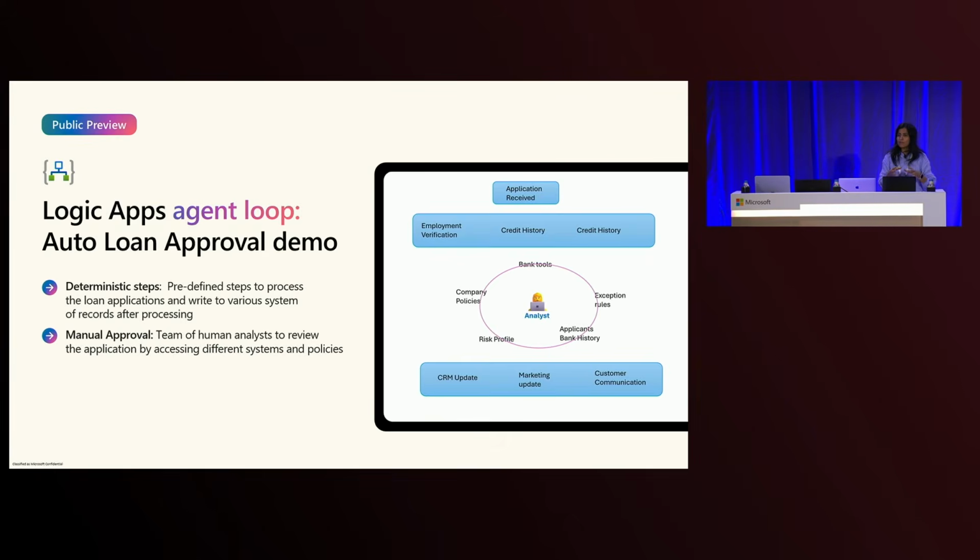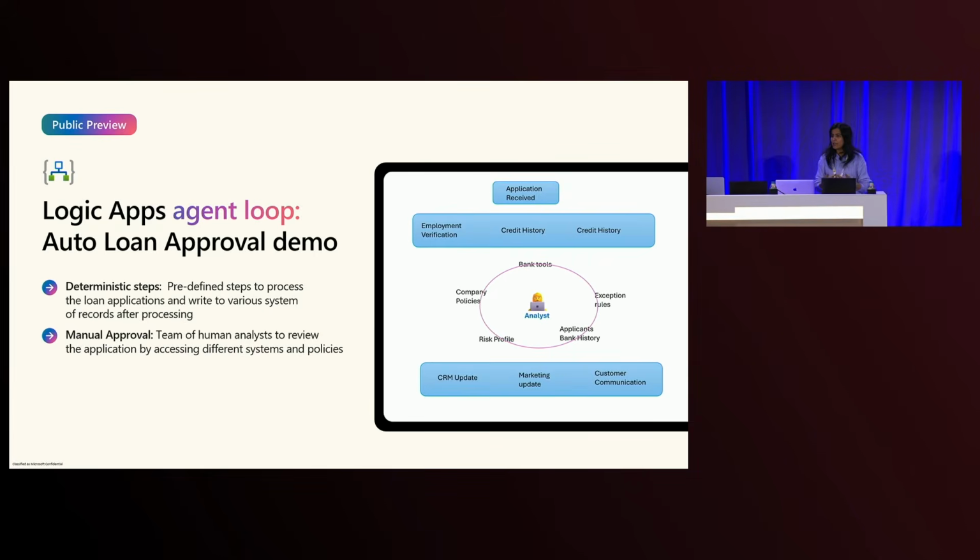And then there is a team of human analysts that come into play who actually look at company policies, who have to access multiple different systems to analyze and process that application to make a final decision. And then finally, that decision is communicated to the applicant, whether the application is accepted or not, and if accepted, what are the next steps. Some updates are done to the CRM application and other things.